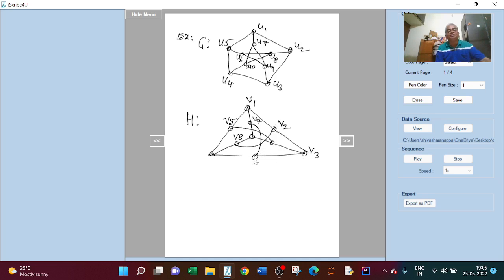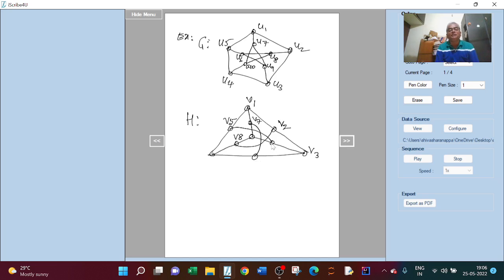If you take this U4, we have to keep in mind that V3 is adjacent with V4, and that vertex must be adjacent with U5. U3 is adjacent with U4 and U4 is adjacent with U5. Here also V3 is adjacent with V. If I take this as V4, V4 is not adjacent with V5.